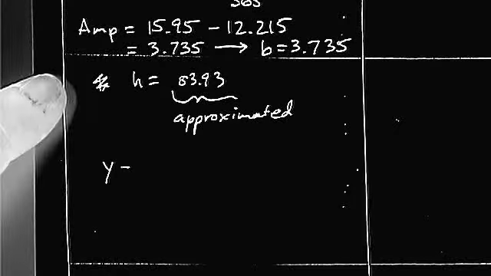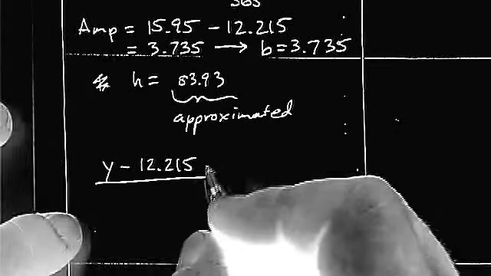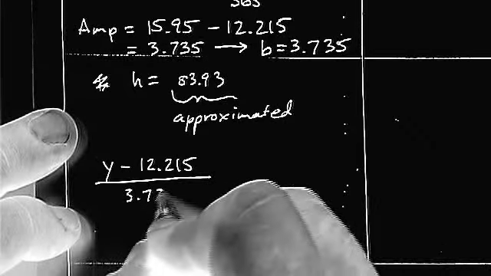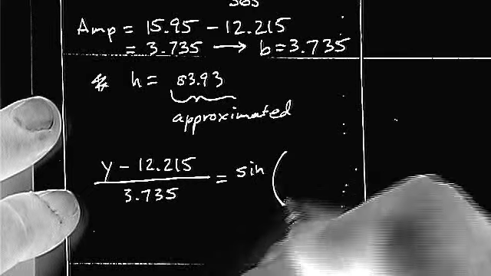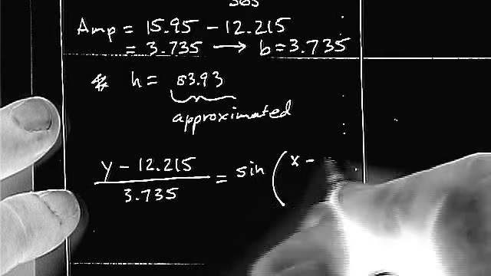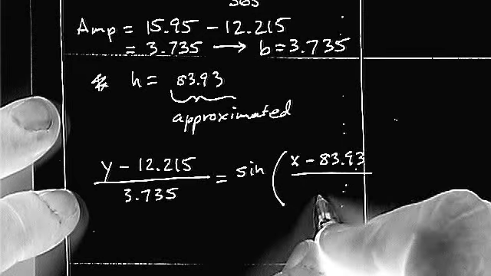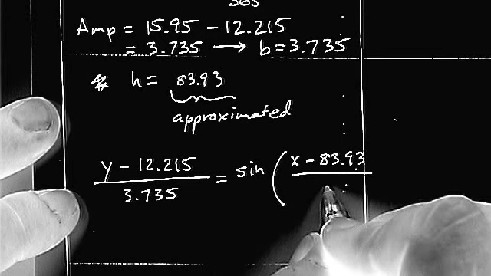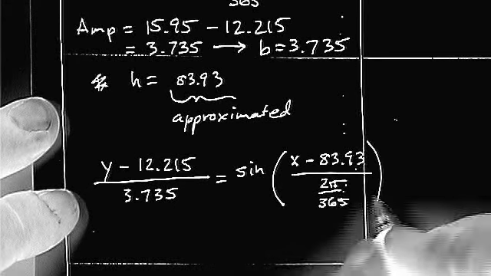Now we have everything we need. Y minus K, obviously 12.215, over B, which is 3.735, equals, we chose a sine function, of X minus H, 83.93, divided by A, which is 2 pi over 365.